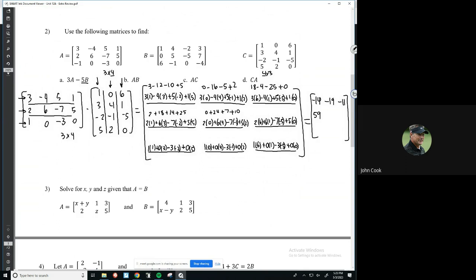So 7 and 24 is 31. 31 plus 10 is 41. And then we've got 12 and 6 plus 35 and 0. So let's see here. 6 and 35 is 41. 41 and 12 is 53.